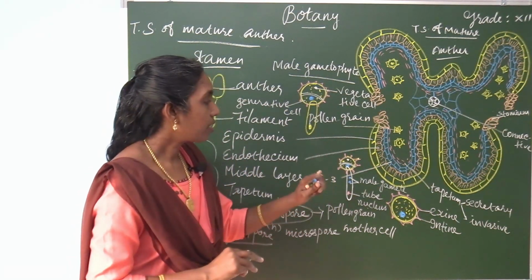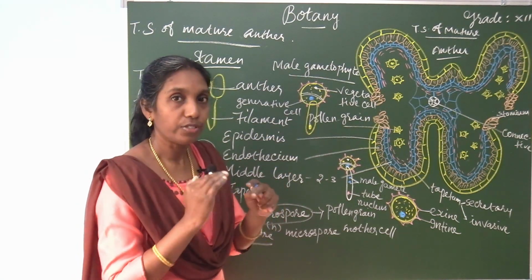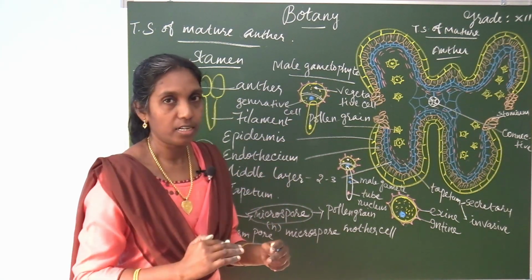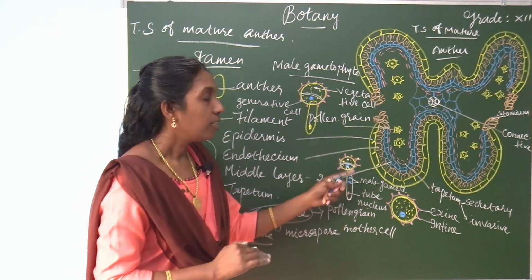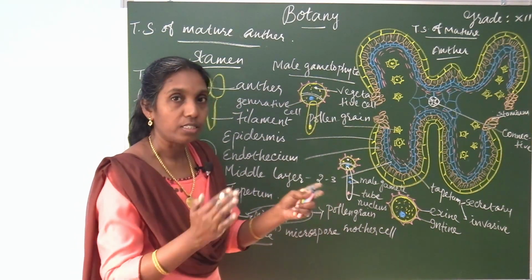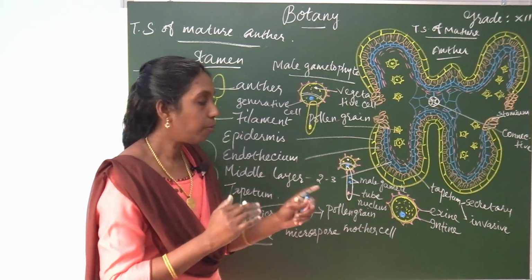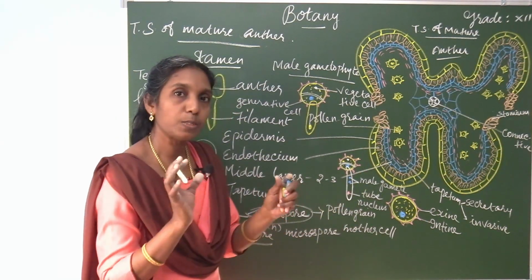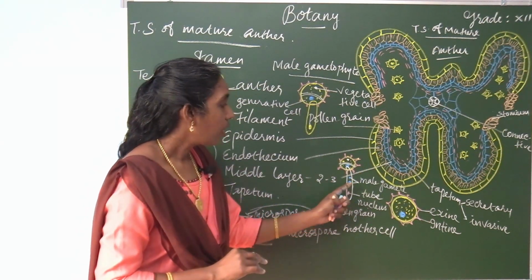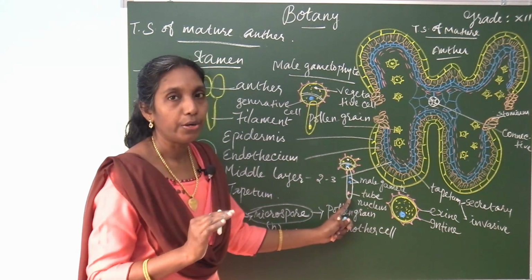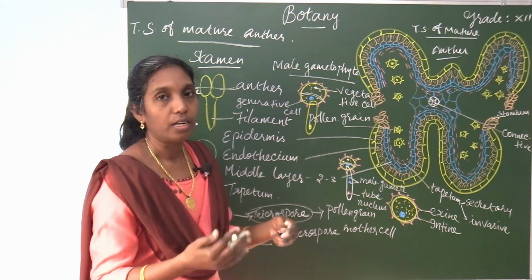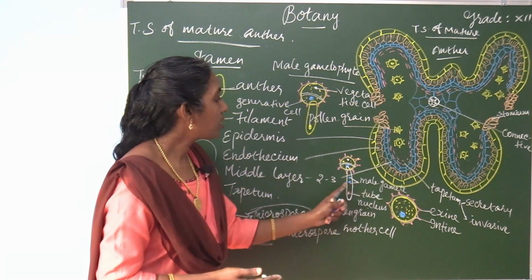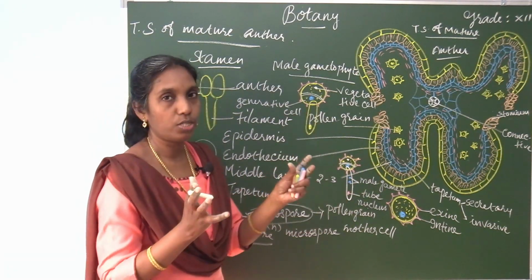The two-celled stage consists of a vegetative cell and a generative cell. The three-celled stage results from the division of the generative cell, which produces two male gametes, the sperm, along with the tube nucleus. The pollen grain is dispersed either at the three-celled stage or the two-celled stage.